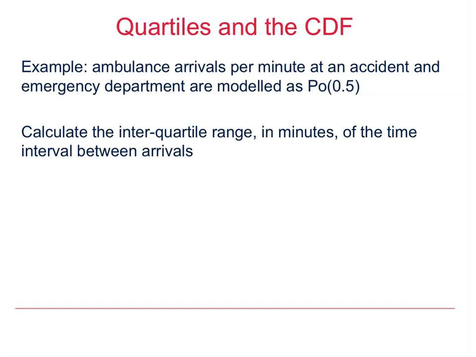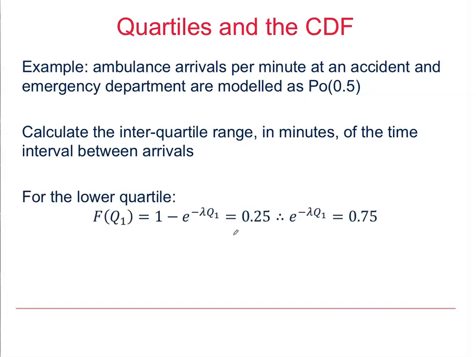Now, the first equation that we need to solve is this one here. So here what we're looking at is for the lower quartile then, the CDF at the lower quartile is going to be 1 minus e to the minus lambda q1, and that will be equal to 0.25.